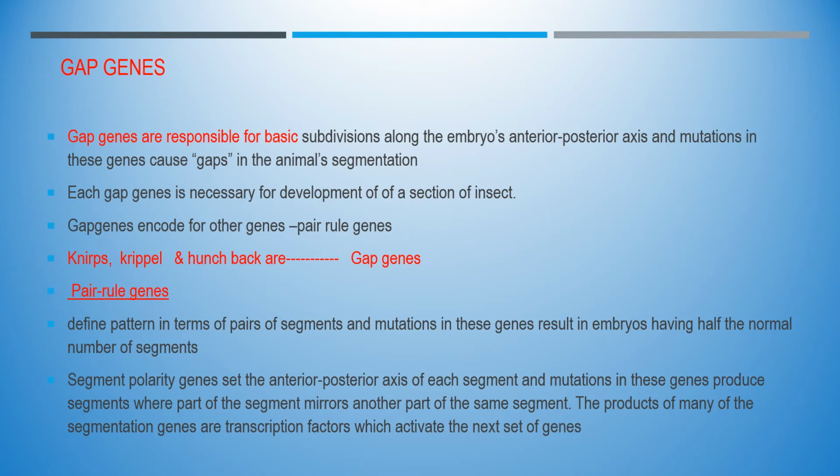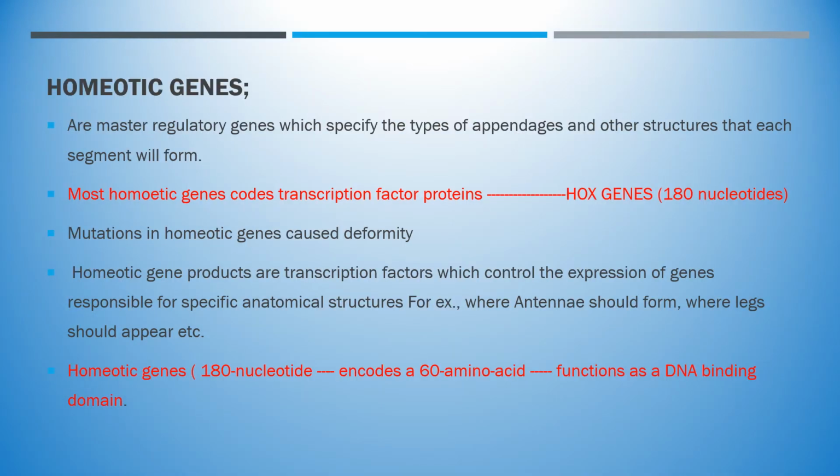Segment polarity genes set the anterior and posterior axis. Or another way you can say it, these are the genes which specify the tissue pattern in each and every segment. Which one is anterior and which one is posterior in that segment is the main role of the segment polarity genes.